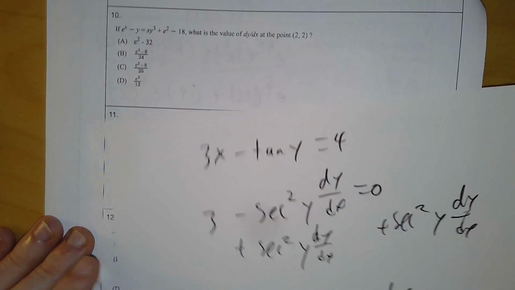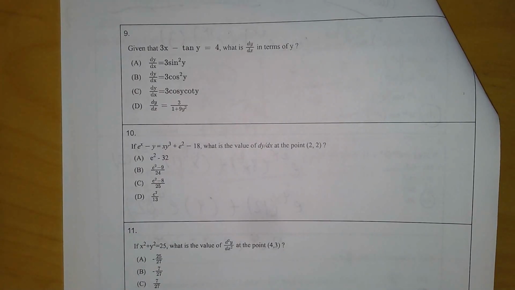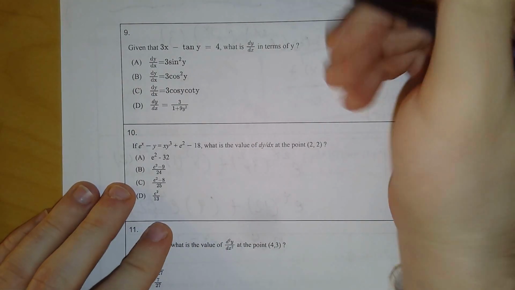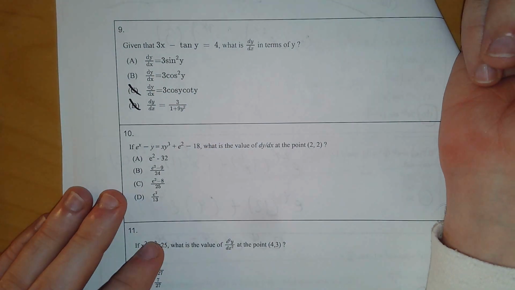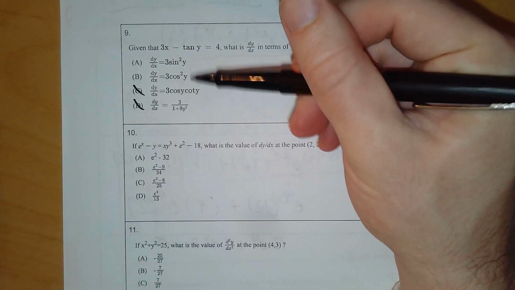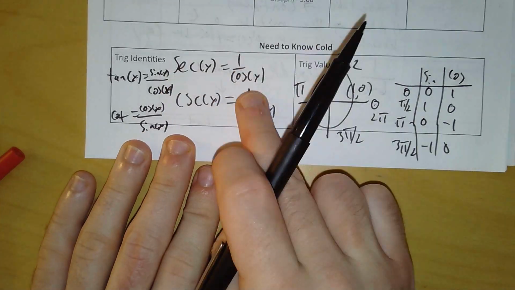Let's have a look. Now, I don't see it on this list. However, you could easily rule out these two. Those are gone. That's nothing close. These two look pretty close, right? And this is where those identities come in. Remember those identities I talked about in the first part? Secant is 1 over cosine.